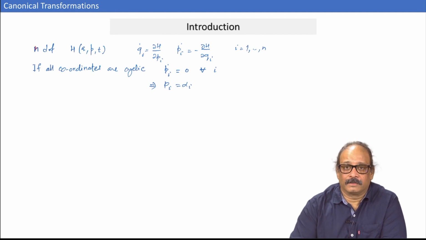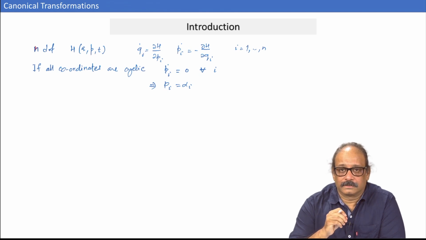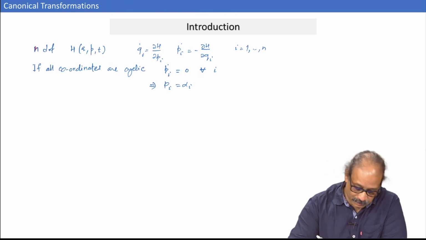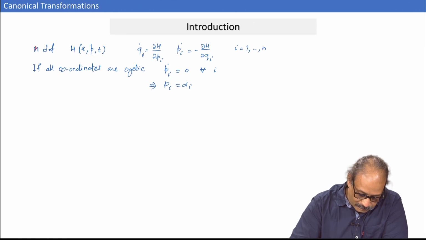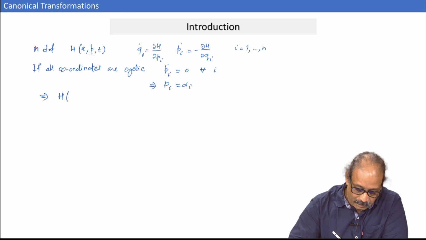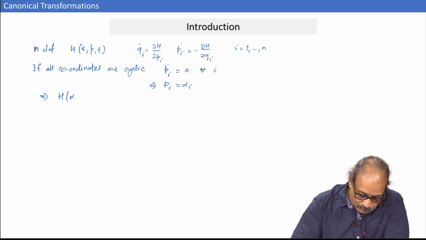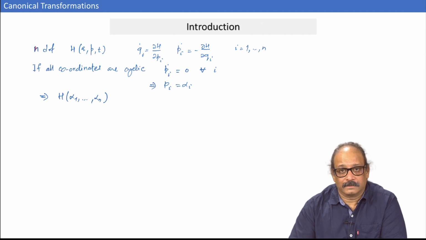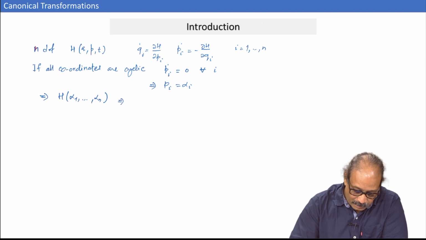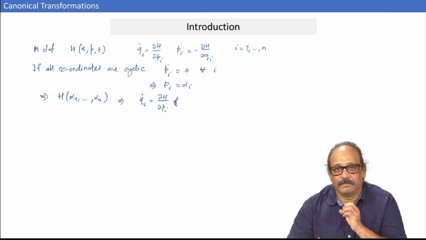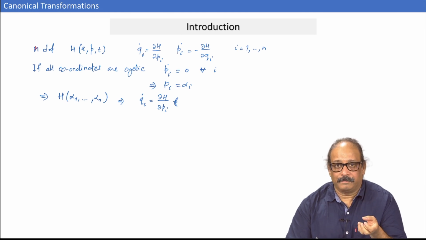And look at now what happens to the Hamiltonian. Because all the coordinates are cyclic, they are absent from the Hamiltonian. So, your Hamiltonian is just a function of all the generalized momenta or canonical momenta, and those remain constant. This immediately has a consequence, because then q I dot is nothing but the partial derivative of H with respect to p I, but this itself will be a function of p I's, and p I's are constants.